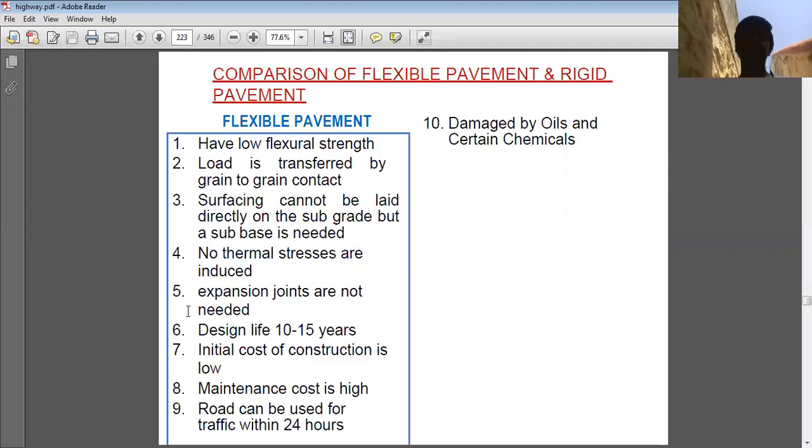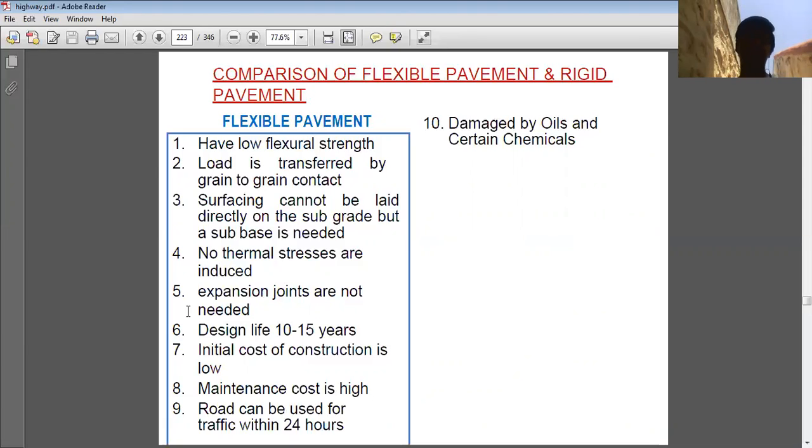No thermal stresses are induced, and expansion joints are not needed. The normal design life is 10 to 15 years. Initial construction cost is low, but maintenance cost is high; you have to maintain that road continuously.